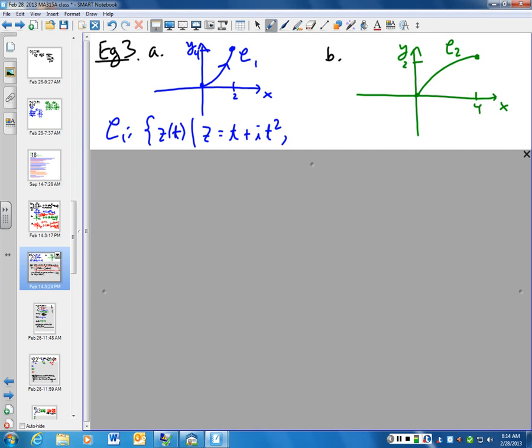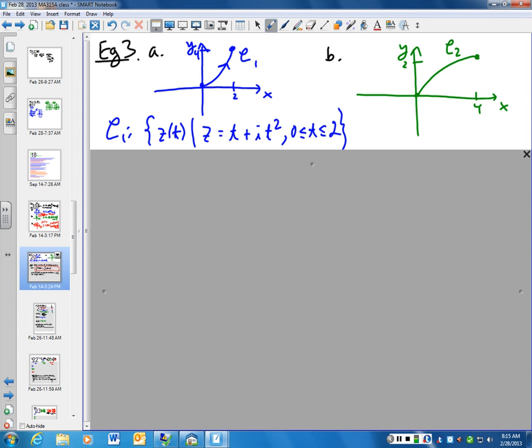And one of the things when you parameterize a curve, you always want to specify the interval of parameterization. So the t values would go between 0 and 2. We have to specify the parametric interval. Now, if you wanted to, instead of z of t, you could write this as z of x, and say z equals x plus i x squared.